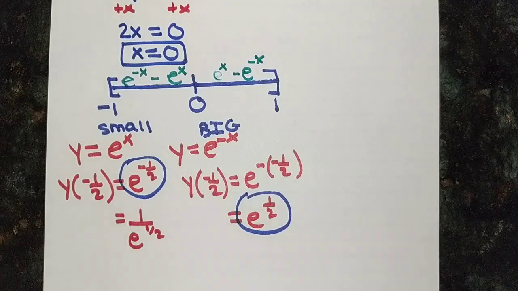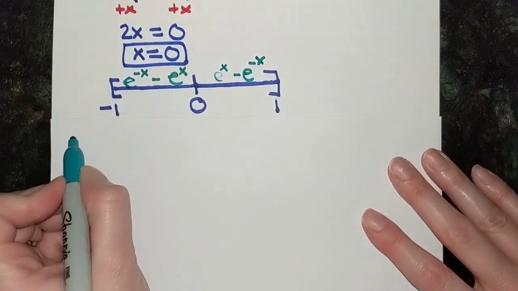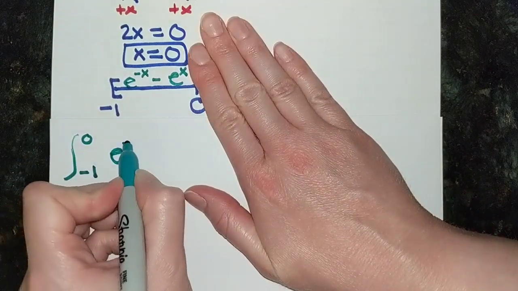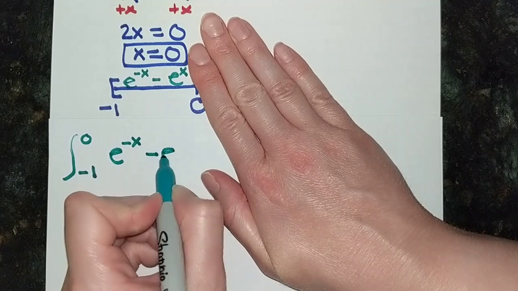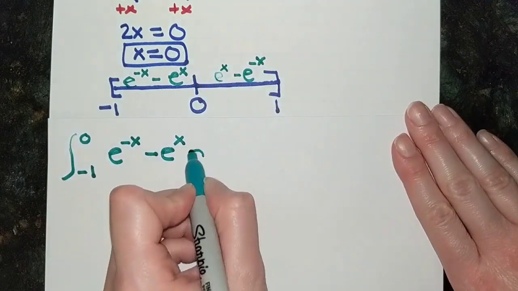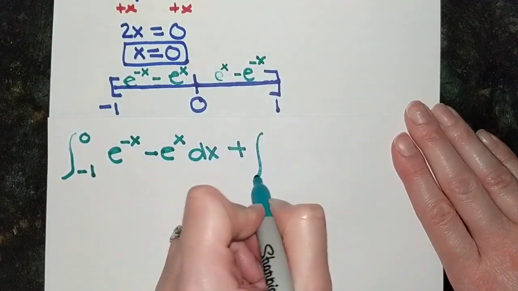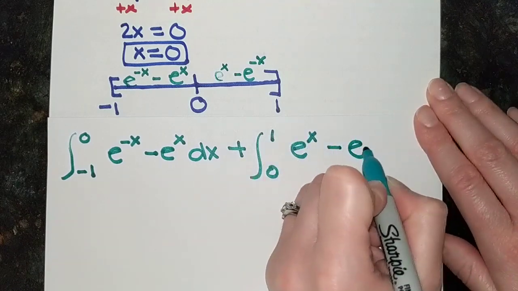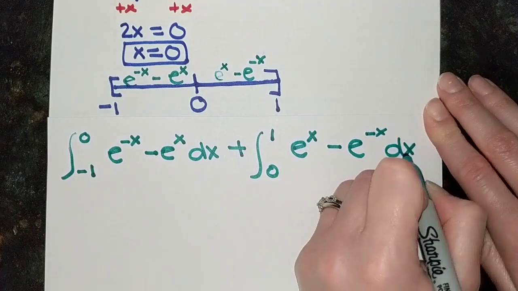Okay. So here's what it's going to look like. You're going to have an integral from -1 to 0, where your big function is e to the -x minus e to the x, and then of course dx, and then plus the integral from 0 to 1, e to the x minus e to the -x dx.